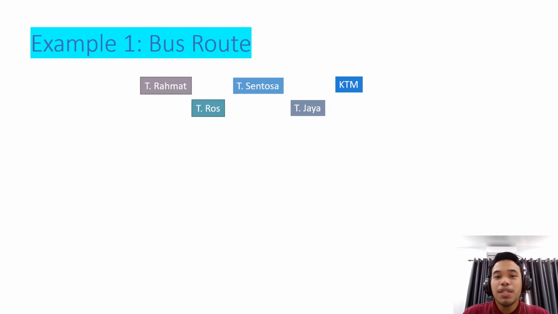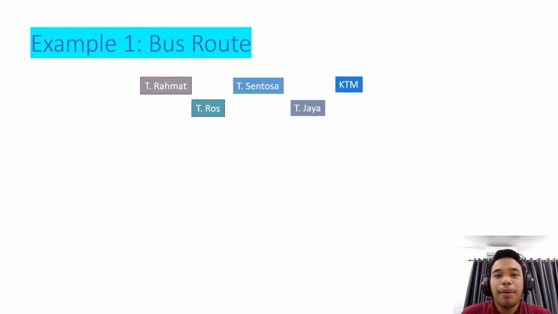The bus will start at Taman Rahmat and continue to Taman Ros. From Taman Ros, it will continue to Taman Sentosa, and from Taman Sentosa, it will transit to Taman Jaya, and from Taman Jaya, it will continue to KTM. After arriving at KTM, it will repeat the route and go to Taman Rahmat.